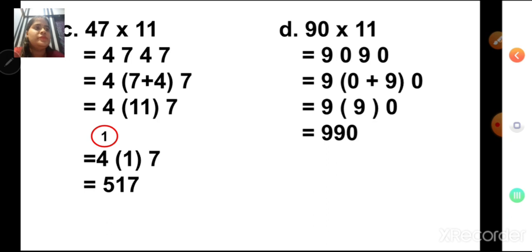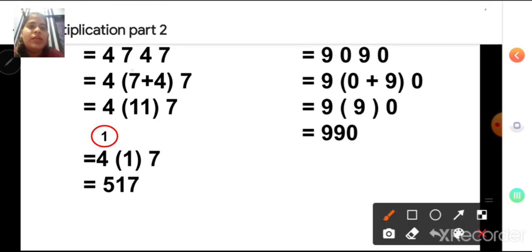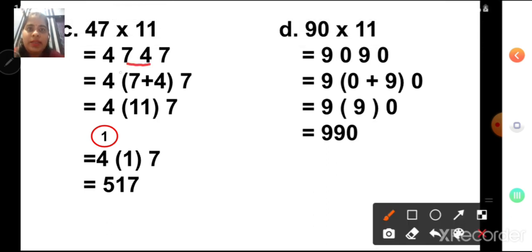Then here the middle numbers 7 and 4, we have to put it in bracket and we have to put here plus sign. And finally the last number we are writing it as it is. Then we have to add the numbers which we have put in bracket. Then 7 plus 4 is 11. Correct? Now 4 will be as it is, then 11 and then 7.